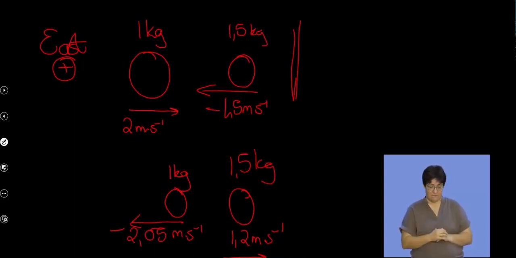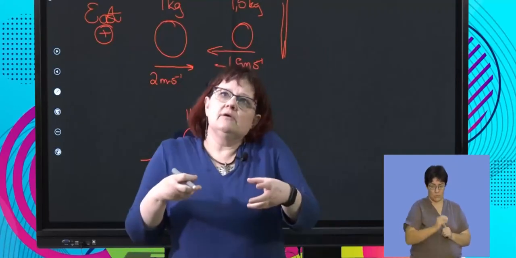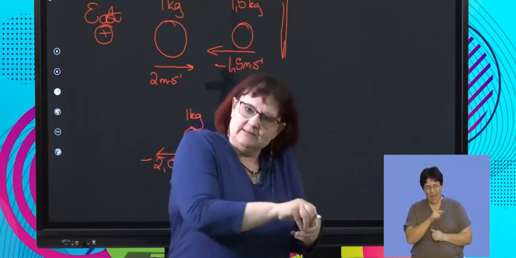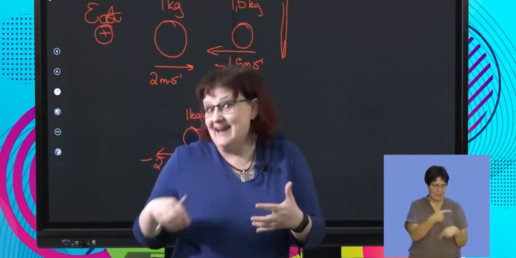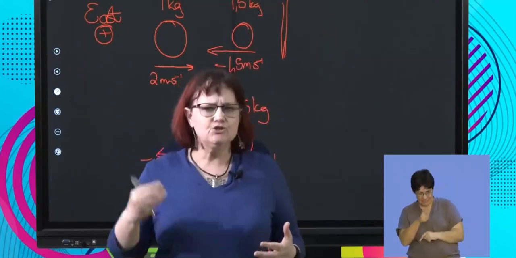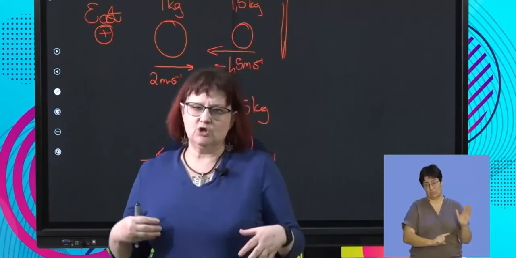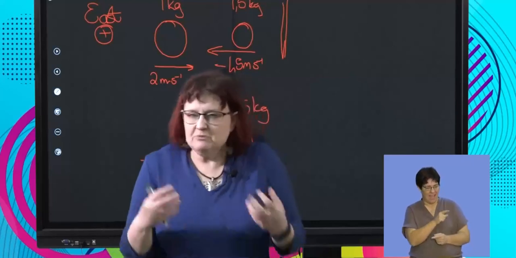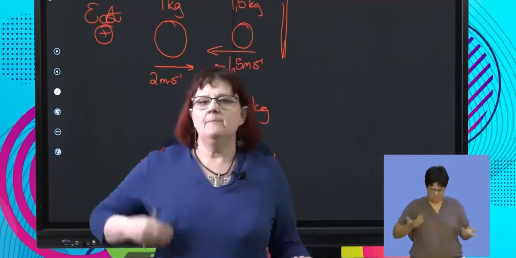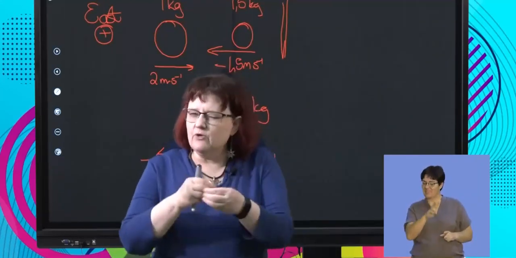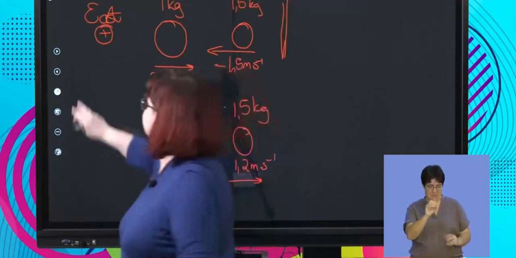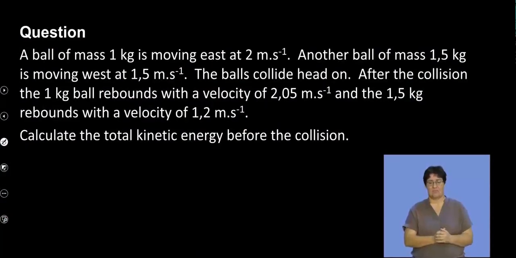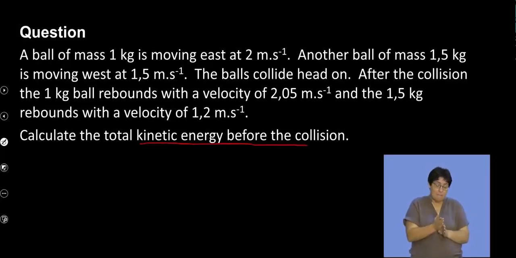Always write that in, because it's these little things like the direction, like the negative, that cost you marks because they're considered the simple things. Sometimes it doesn't feel like it, but they are, so we've got to take it into consideration.